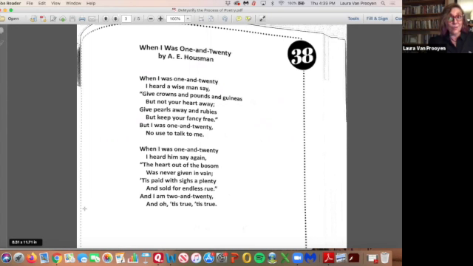Great. And I saw one more hand go up. That was me, I'm sorry. I'm nerding out over this poem. I think it's kind of comedic. I think the ending is sort of ironic because he only turned from 21 to 22 and he already thinks, oh, I know now. I think he's trying to say that even though you grow a year older, you're still going to have something new to learn.